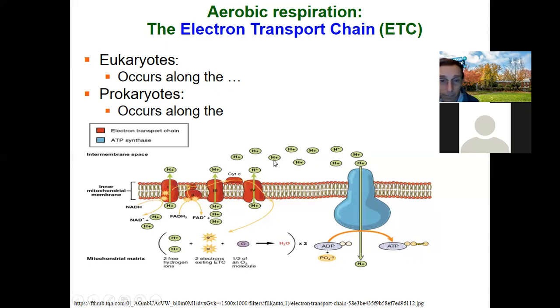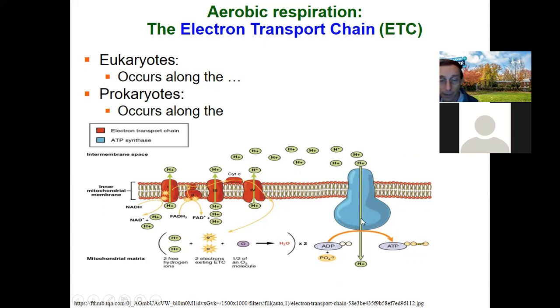These H pluses are going to want to move by the laws of diffusion from this side of the membrane to that side of the membrane. Of course, they can't do that. They can't move through the lipid bilayer except at this channel protein. And as the hydrogen ions move through this channel protein, it gives this protein the energy it needs to make ADP into ATP.